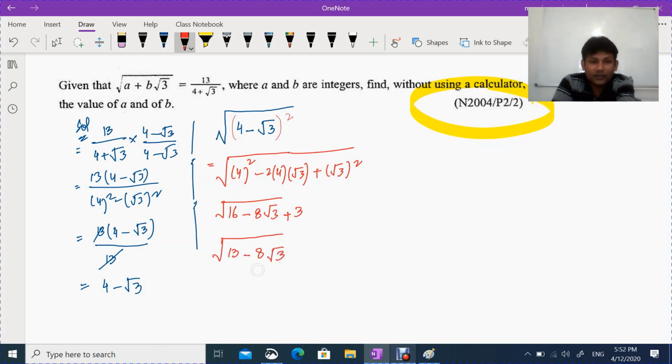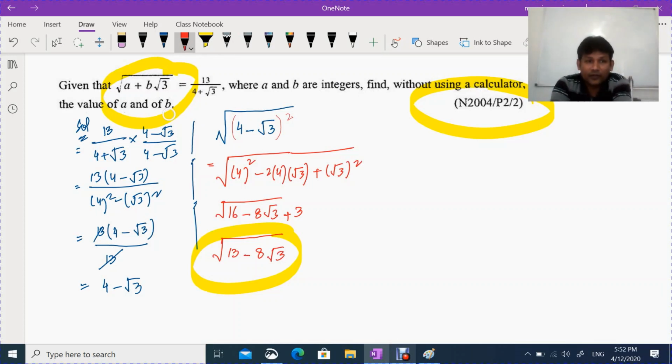Now that's your result. Now you can compare with this and this. The value of a is, because we find without using calculator, the value of a and b. So a is 13 and b is, this is plus and this is minus, so b is negative 8, and we have done it.